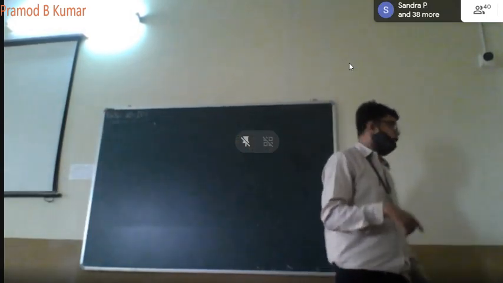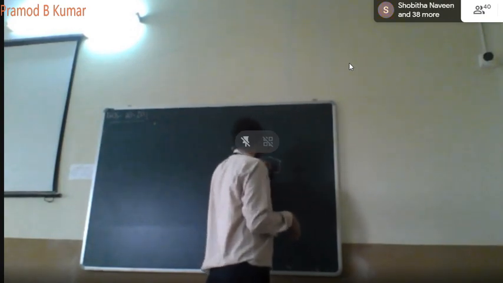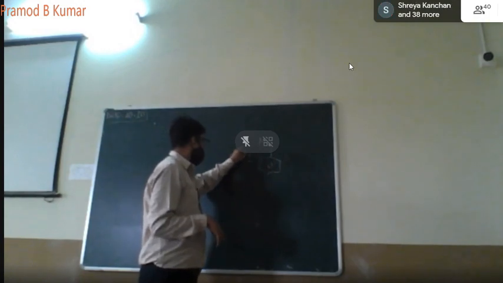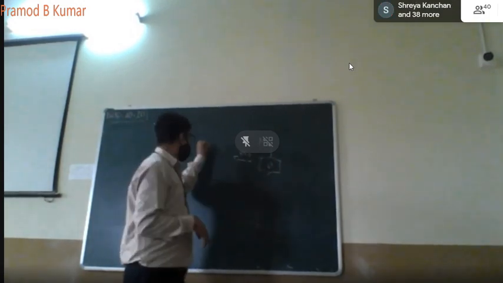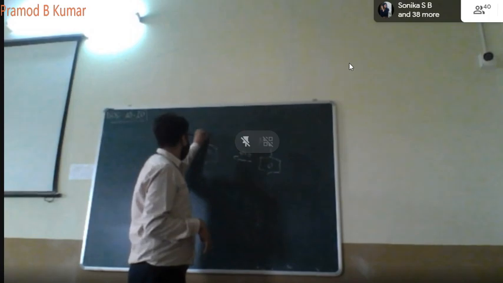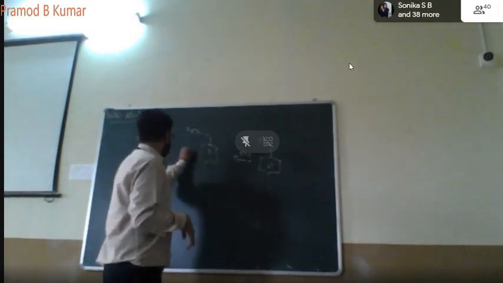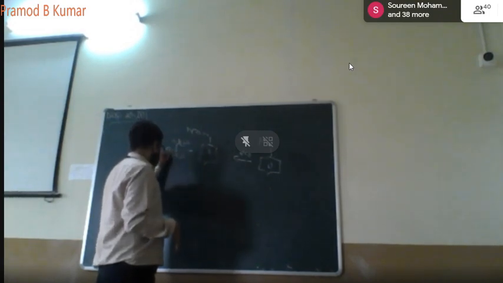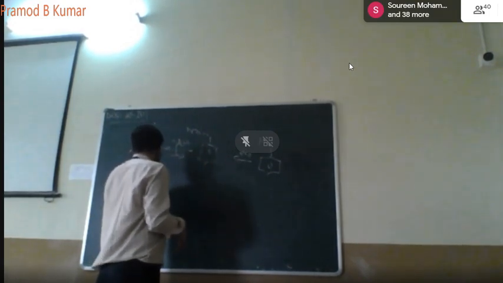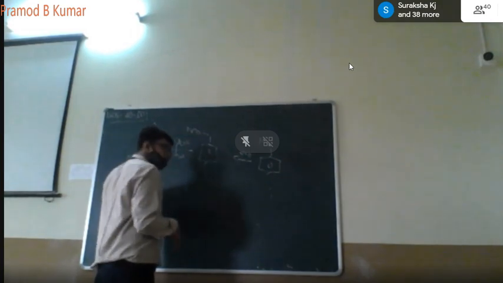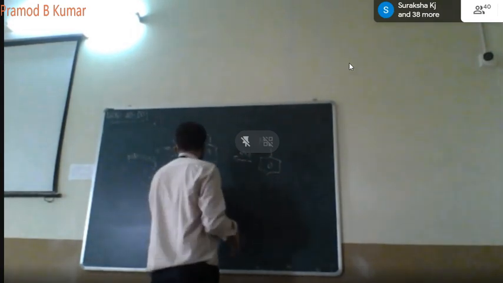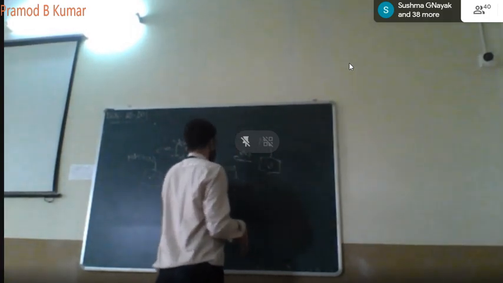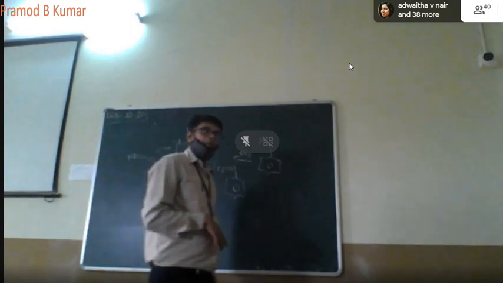What is the first step that is occurring? You have your benzyl chloride. When you take it in aqueous solution, it is converted to benzyl alcohol. When you treat this with alkaline KMnO4, it undergoes oxidation to give the sodium salt of benzoic acid, which on neutralization with HCl gives you benzoic acid.